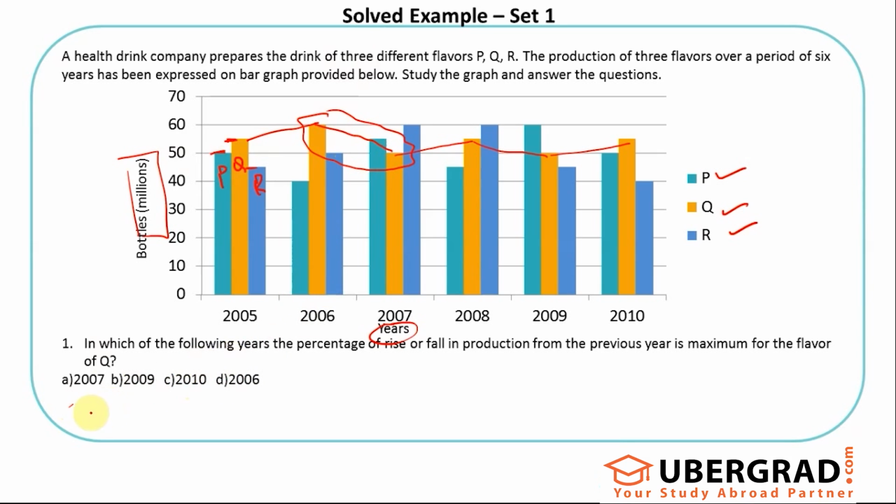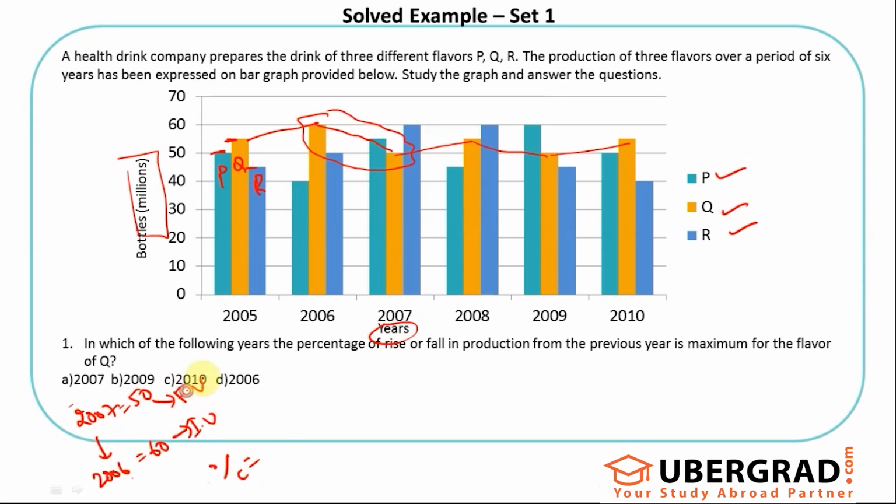What is 2007 over the previous year, that is 2006? What is the value of Q in 2007? 50. In 2006, it is 60. It went down from 60 to 50. So what is my percentage change? How do I calculate? This is my initial value, be clear with that, because from 2006 to 2007 is the change.